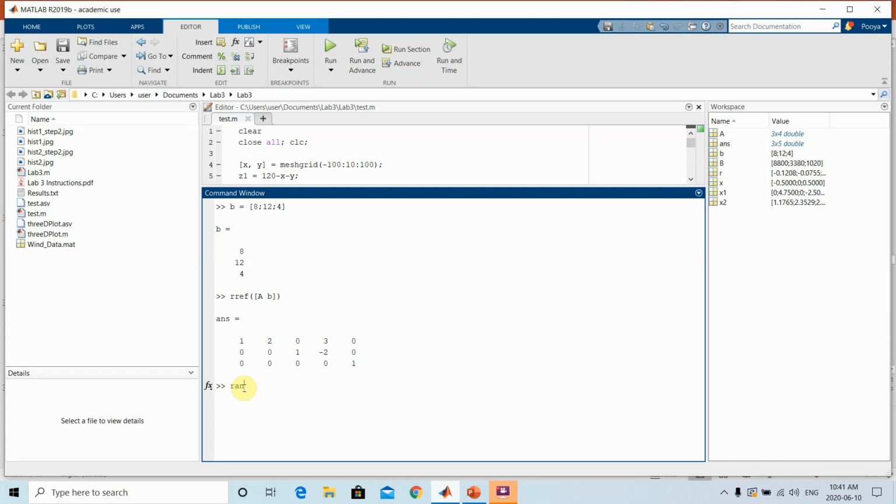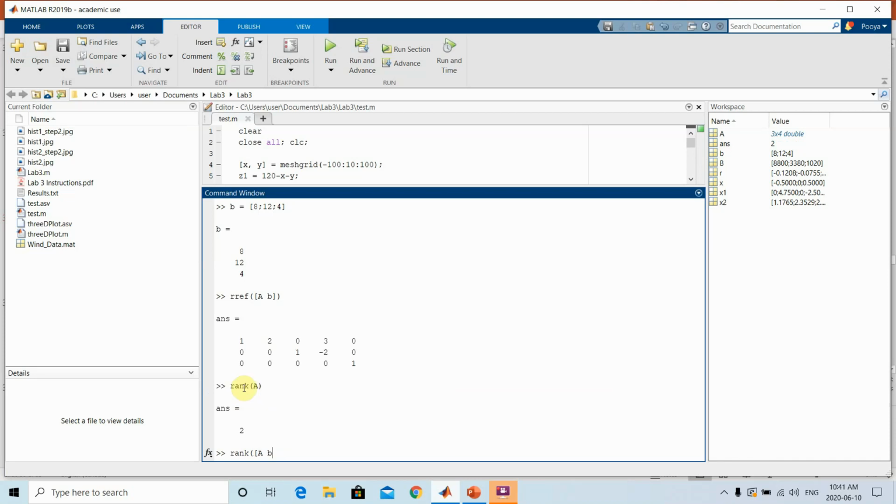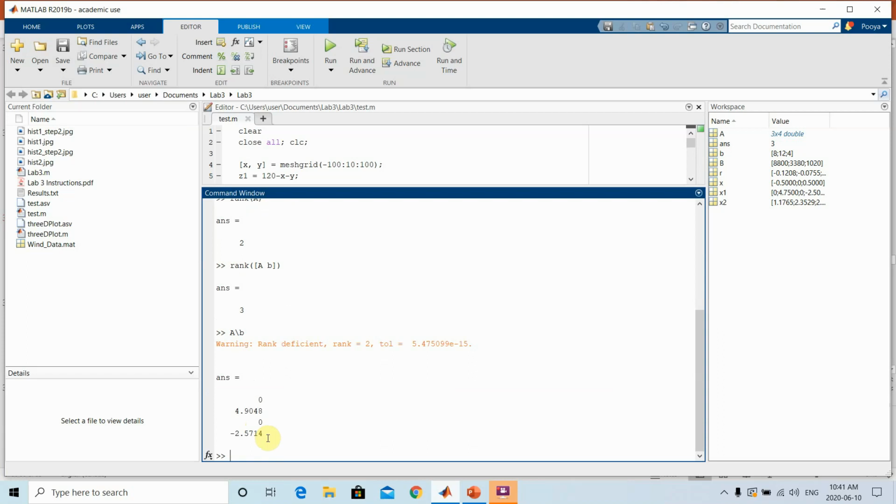And if I find the rank of A and the rank of AB, these two are not equal. But still, I can use the left division method. It will give me a warning to be careful about this. This is not going to be an exact solution.